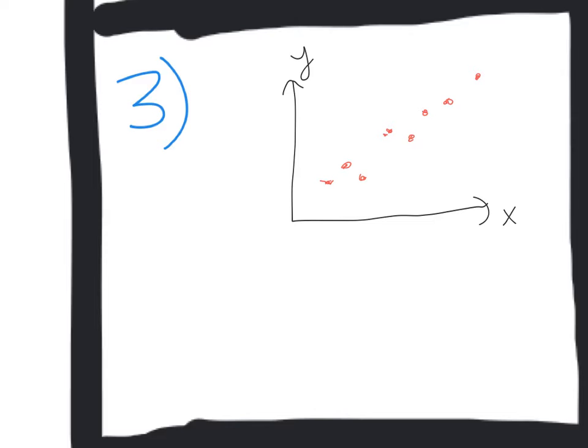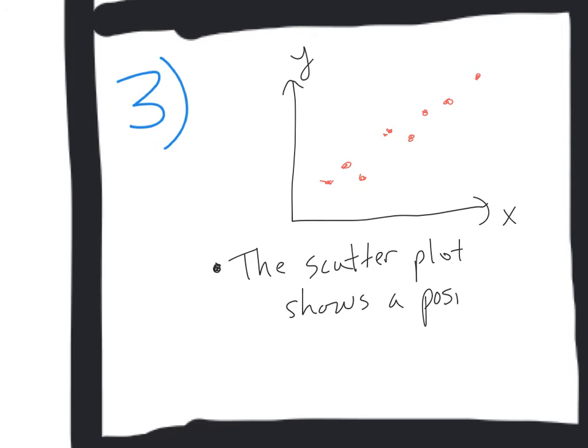So part B, interpret the scatter plot of the data based on the shape of the distribution. I've already mentioned it, but you can really quickly put: the scatter plot shows a positive linear distribution.